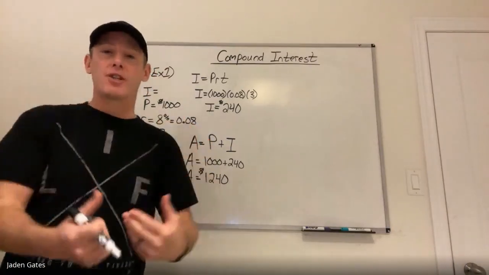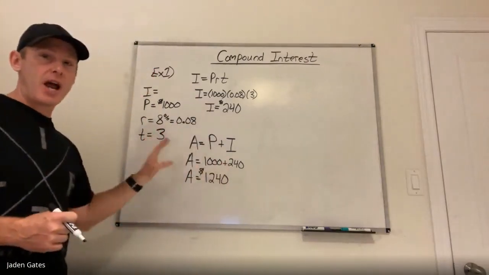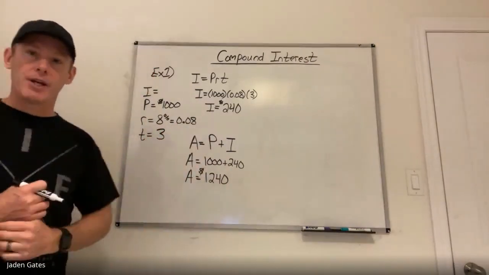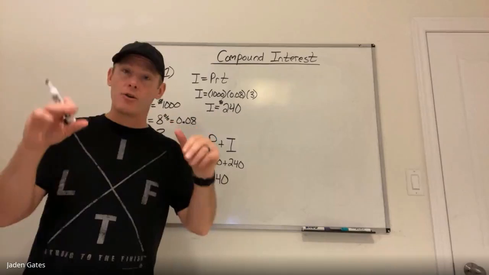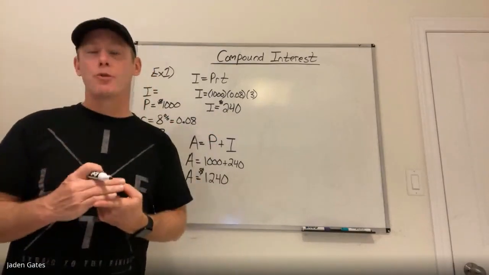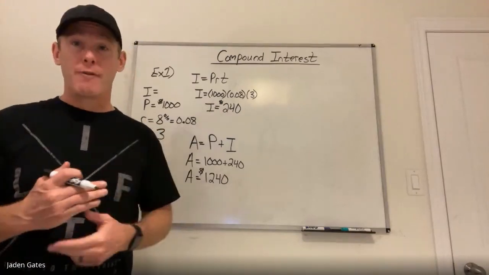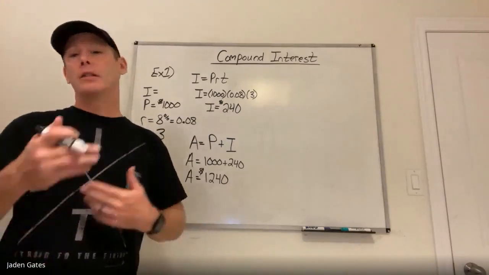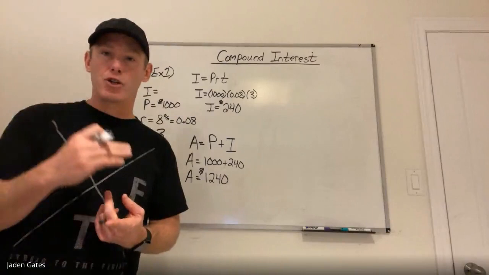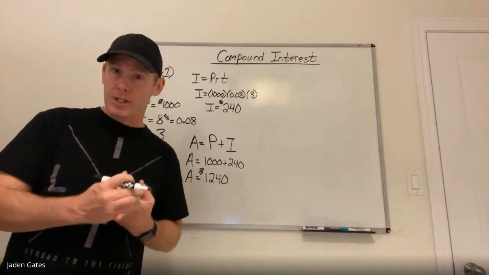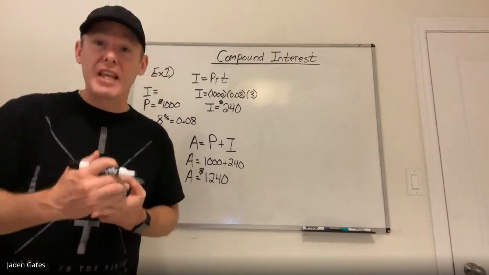So your interest earns interest. That does not happen with simple interest. With compound interest, not only is your principal making money, but your interest is also making you money. Again, if you're borrowing, it works the opposite way, because you're not only getting charged interest on the principal, you're being charged interest on the interest.